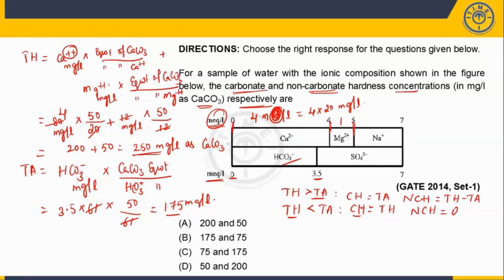When total hardness is greater, CH is equal to TA, which is 175. Non-carbonate hardness is TH minus TA, that is 250 minus 175, which gives you 75. So our answer is 175 and 75. Understood this question?